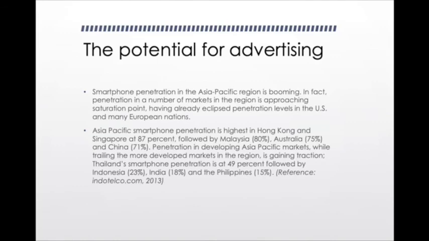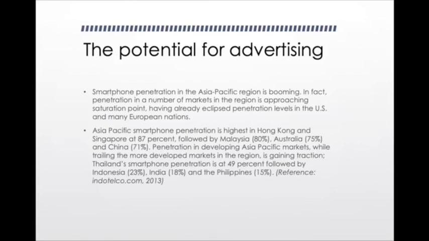Now we talk about the potential of advertising. The first is that smartphone penetration in the Asia Pacific region is booming. In fact, penetration in a number of markets in the region is approaching saturation point, having already eclipsed penetration levels in the US and many European nations. The second is that Asia Pacific smartphone penetration is high in Hong Kong and Singapore at 87%, followed by Malaysia 80%, Australia 75% and China 71%.